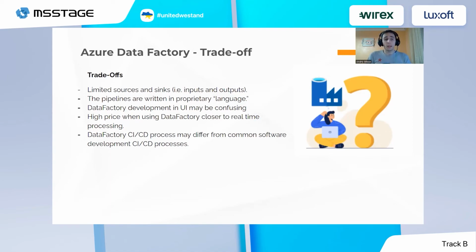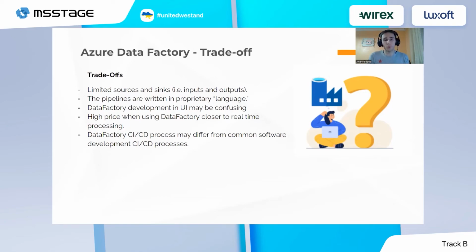So the pipelines are written in their own language, and you have to first learn this language, so you have to spend some time. Yeah, and the development of Data Factory flow in the UI could be confusing for developers at first, but then it's easy to do in the UI.